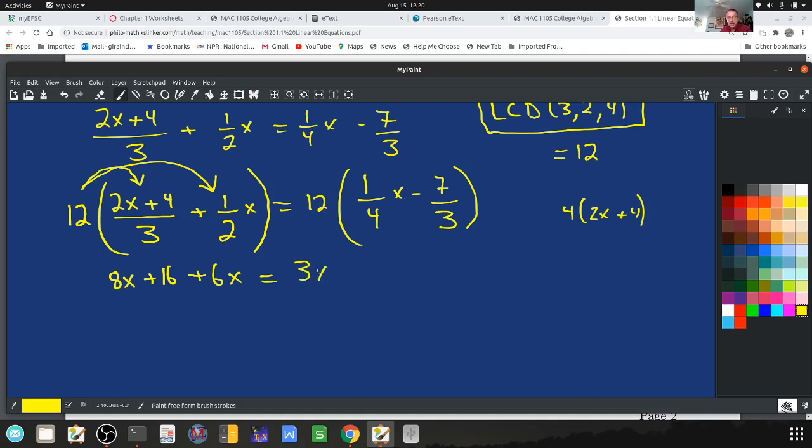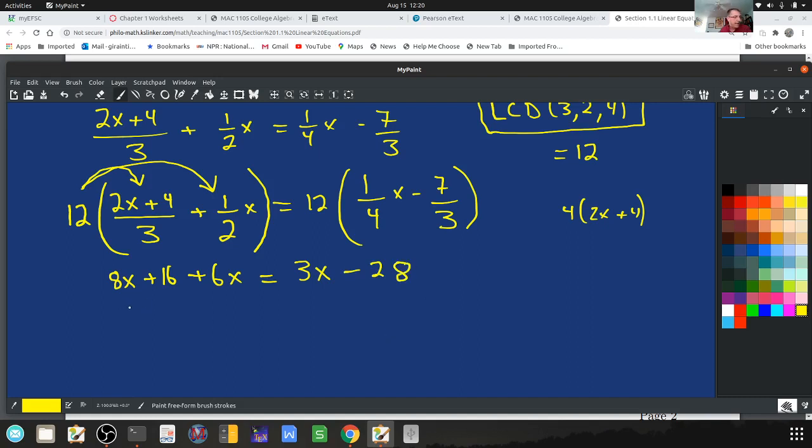So that's 3x. 12 times minus 7/3 is the same as 12 divided by 3 times minus 7. 12 divided by 3 is 4, and 4 times minus 7 is minus 28.